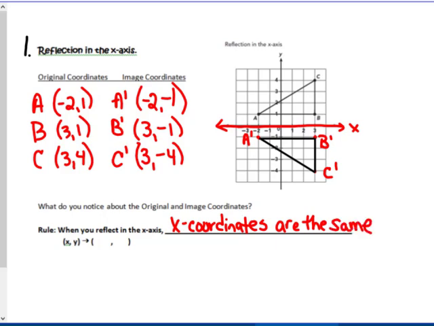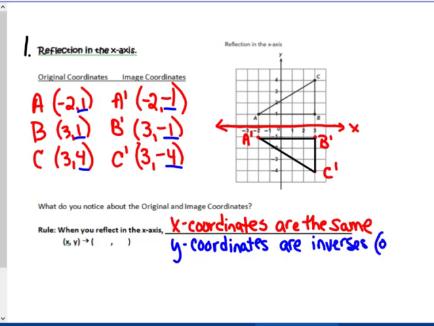The y coordinates, however, 1, -1, 1, -1, 4, -4, are inverses, or another word for that is opposites.